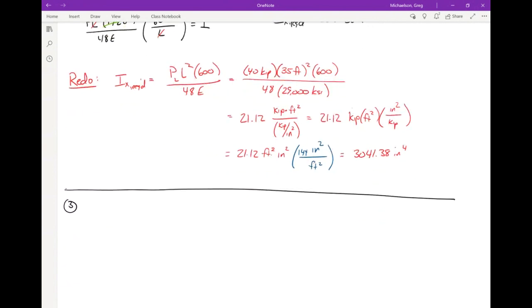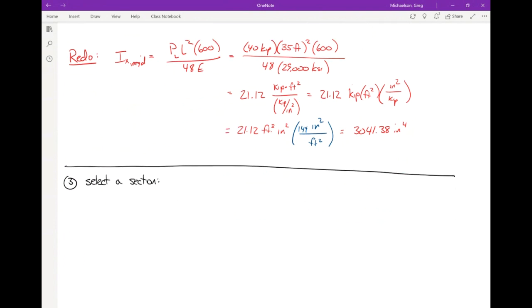So let's go on to step 3, and let's select a section. All right. This is, I think, probably the most important part. So remember, at the end of step 1, we got an Mu of, what was it? 789.69 foot kips.